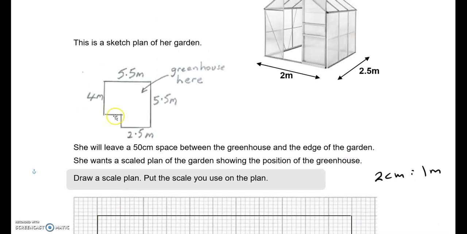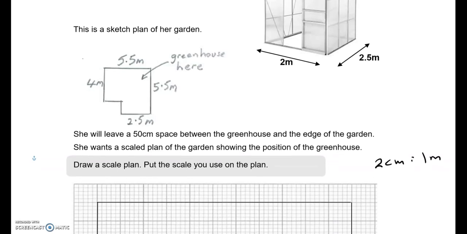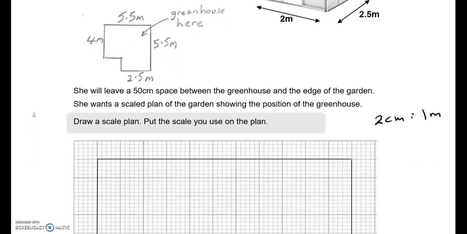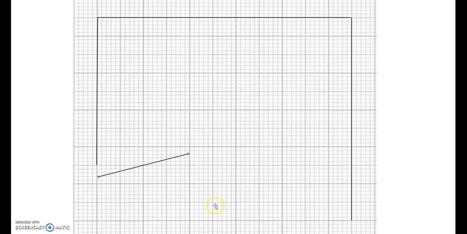And we need to go across. So 5.5 meters, take away 2.5, that would give us 3 meters. So 3 meters will be equal to 6 squares. So we'll adjust this. 1, 2, 3, 4, 5, 6.